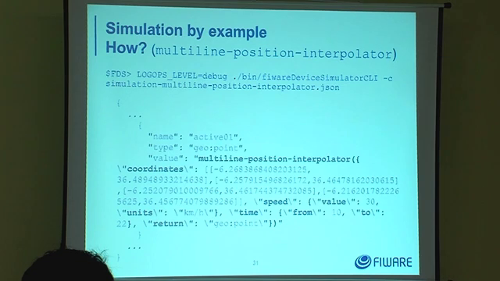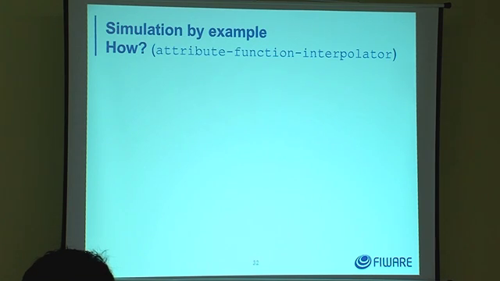Those are some of the simulators you had at your disposal, but we needed even more flexibility. We needed the possibility to generate data based on code, so to say it.